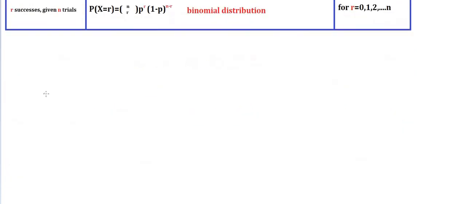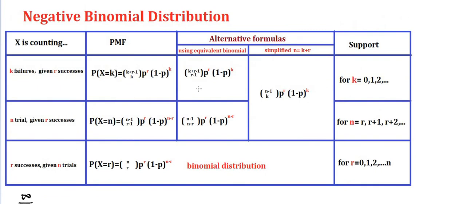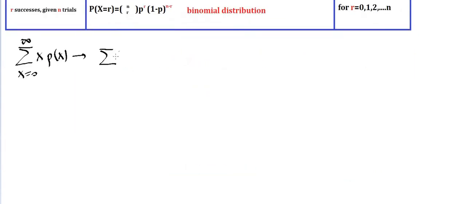Let's begin. Expectation for discrete random variables, by definition, is the summation over x from 0 to infinity of x times the probability mass function. In our case, we have this top function where x is counting k, so we're going to multiply k times p of k, with k from 0 to infinity.